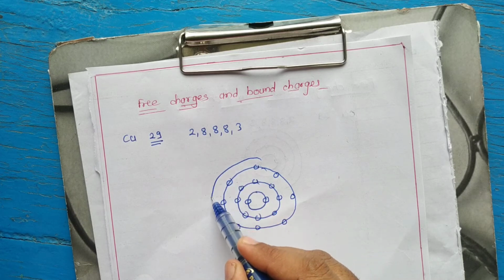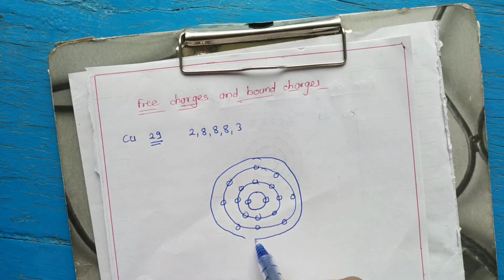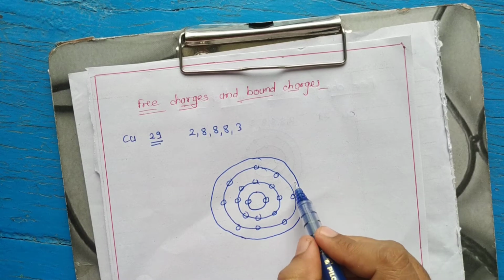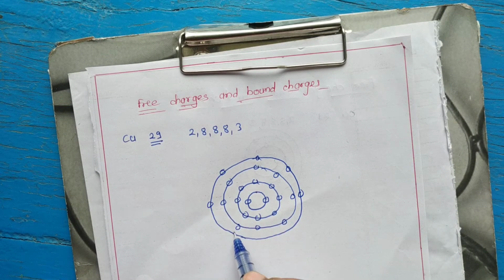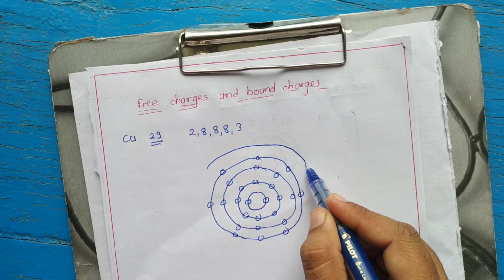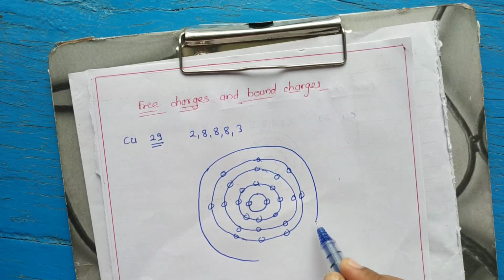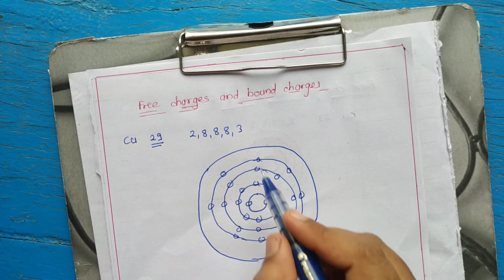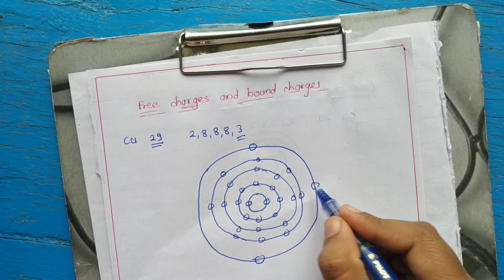In the fourth orbit there are also 8 electrons, and in the fifth orbit there are only 3 electrons, 1, 2 and 3.